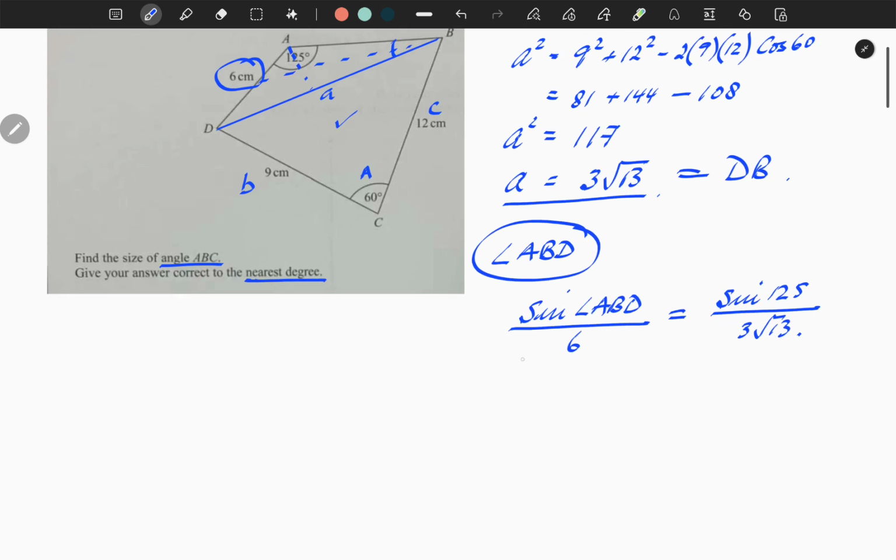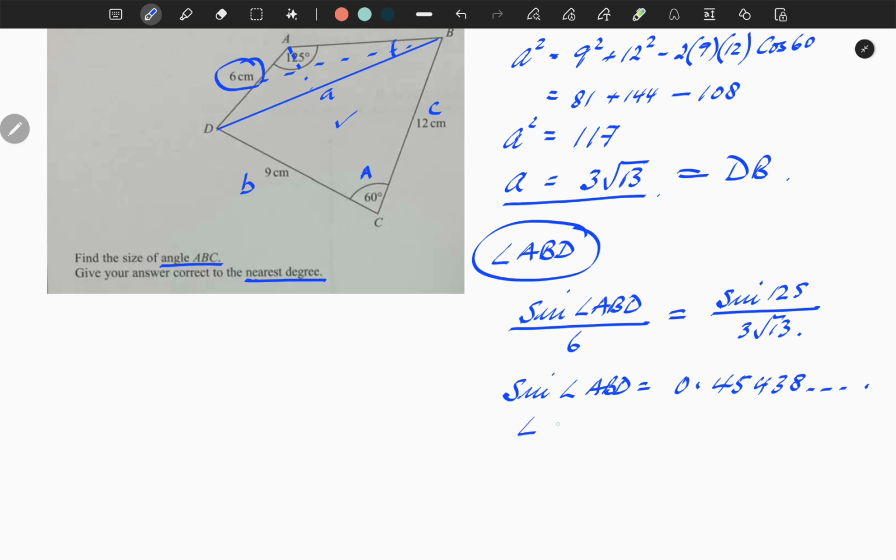Rearranging that, sine of angle ABD is going to be, putting this straight into the calculator, sine 125 times 6 divided by 3 root 13. That gives 0.4543837, and so on.